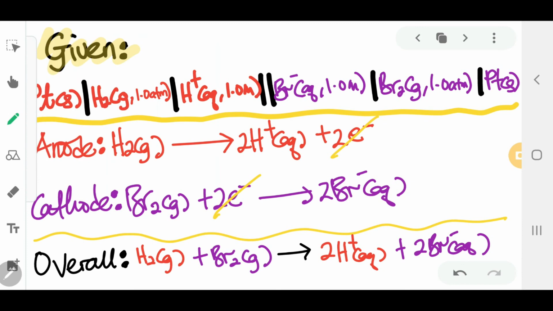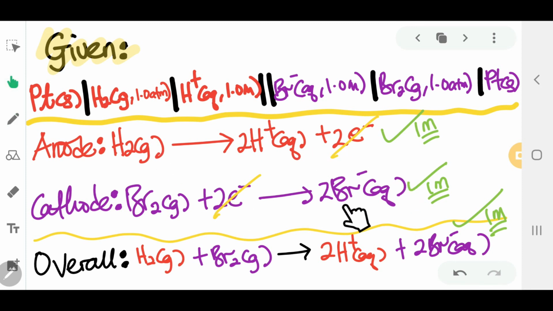Okay, so you'll get 1 mark for this, 1 mark for the cathode half cell, and another 1 mark for the overall cell reaction. Do remember to write down all the phases correctly. Okay, if you forget to write the phases, you won't be able to get your mark.